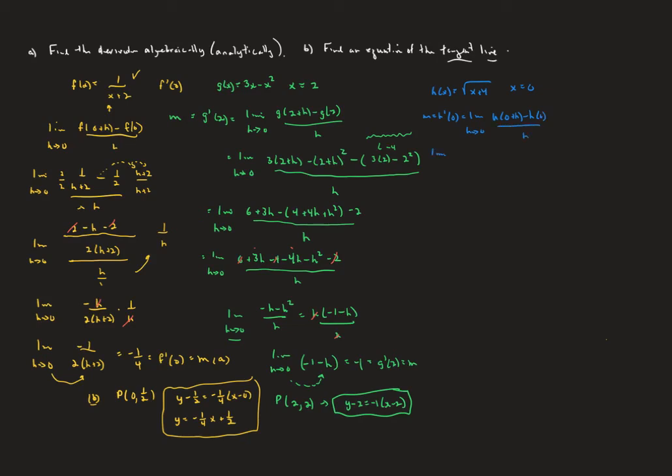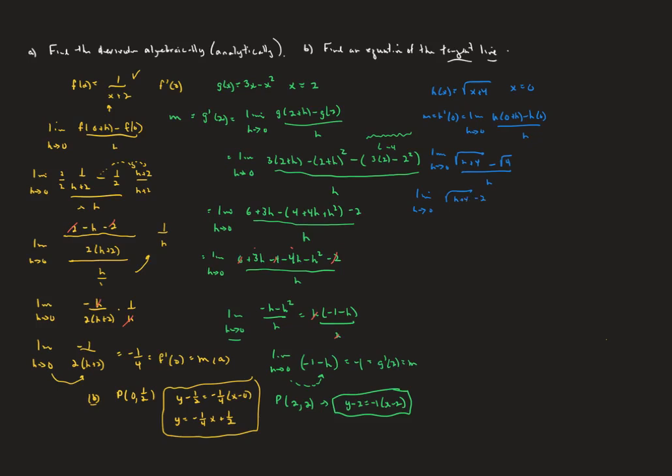So that's going to be the limit as h goes to 0. Let's see, if we plug in 0 plus h, we're going to get the square root of h plus 4, minus plugging in 0 will be the square root of 4 all over h. So that's going to get us the limit as h goes to 0 of, well, we're stuck with square root of h plus 4 for now.